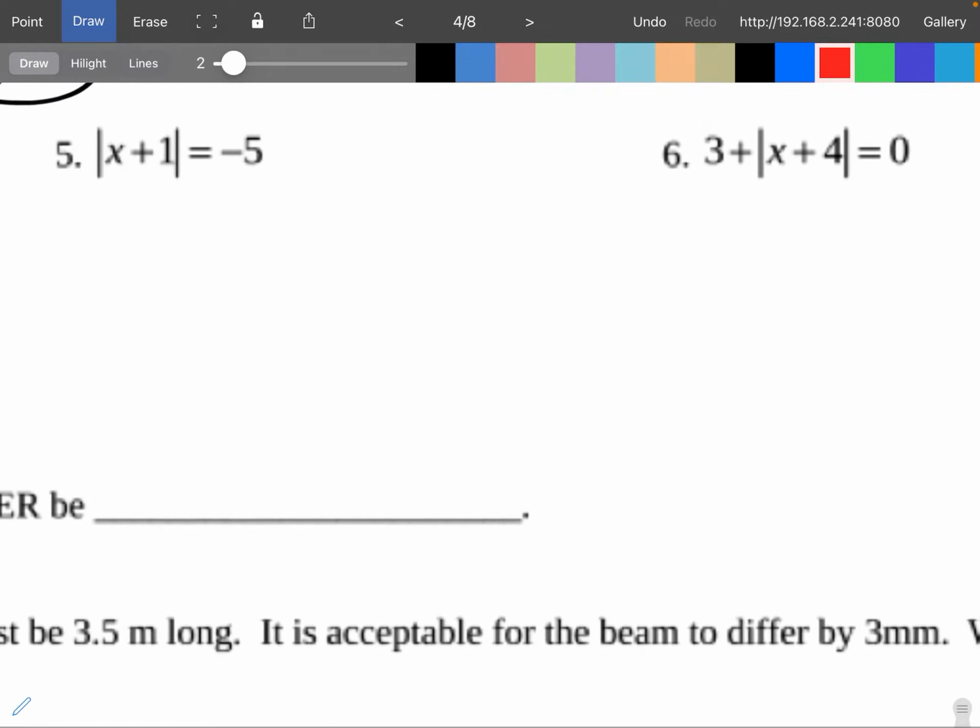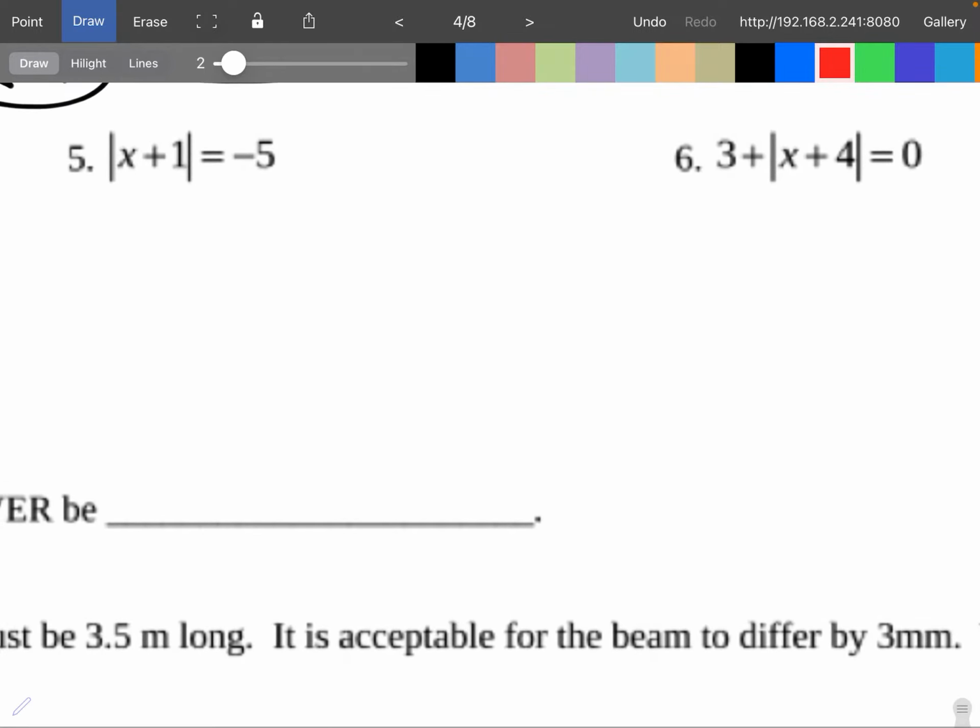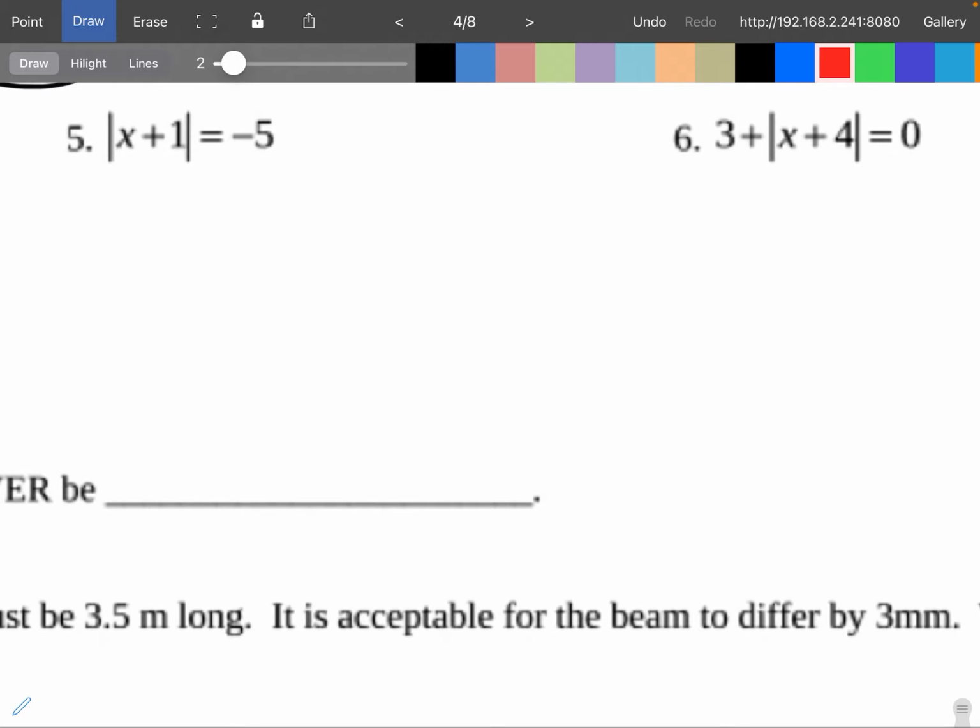All right. Let's look at number 5. Sounds like I need to call on a couple of you guys to help me. So on this one, is the absolute value here all by itself, Cameron? On number 5, is that absolute value of x plus 1 all by itself on the left-hand side?